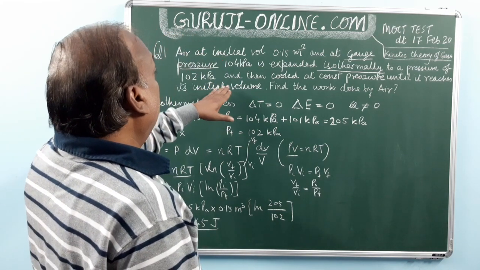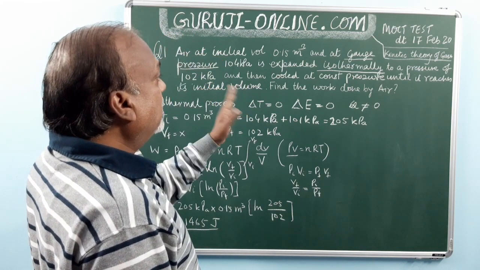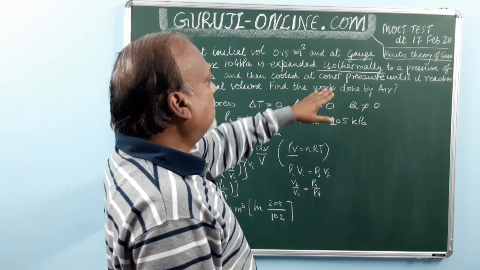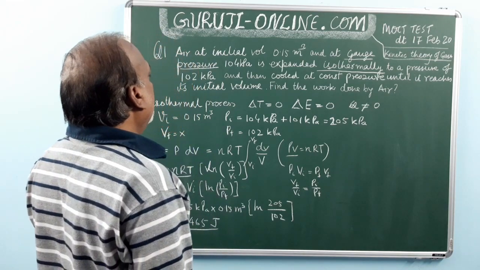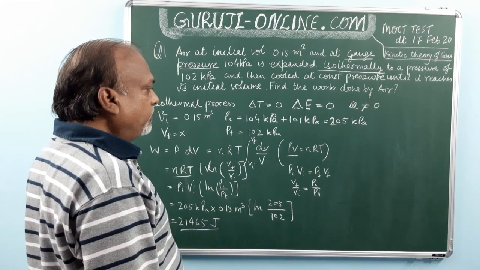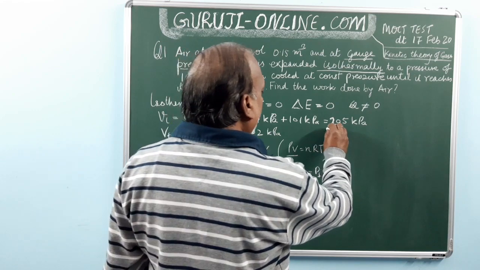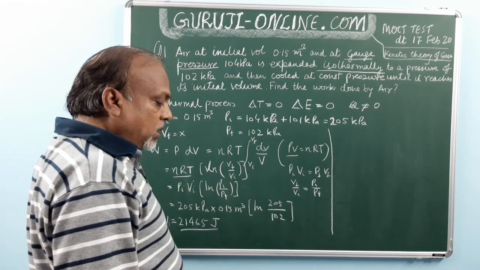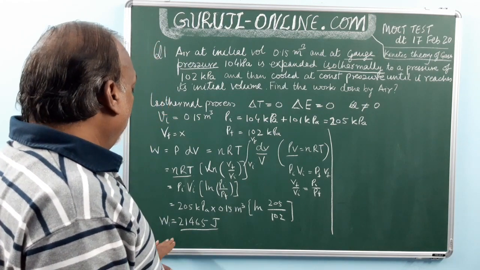Now, the second process, it says the same gas is cooled at constant pressure until it reaches its initial volume. So, in this process, how much will be the work done?